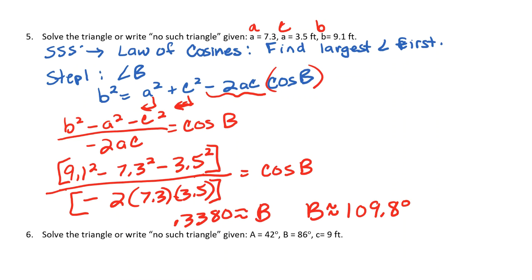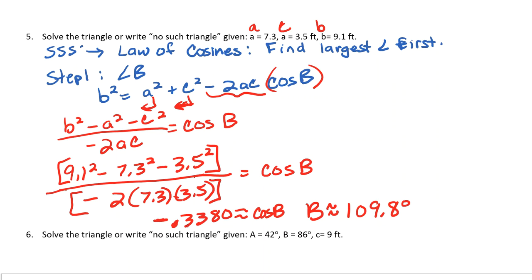All right, you can check my calculations here, but I did get a negative value for the cosine, and then I used the inverse cosine. This should still say cosine of B here. So it is okay here if it's between -1 and +1.